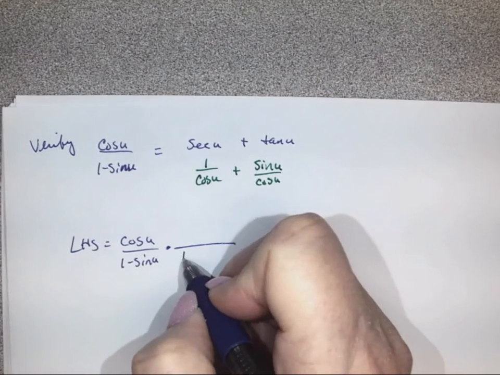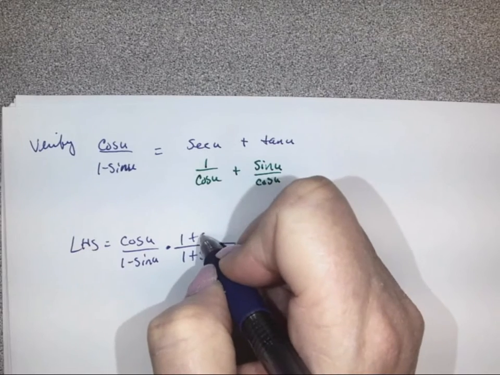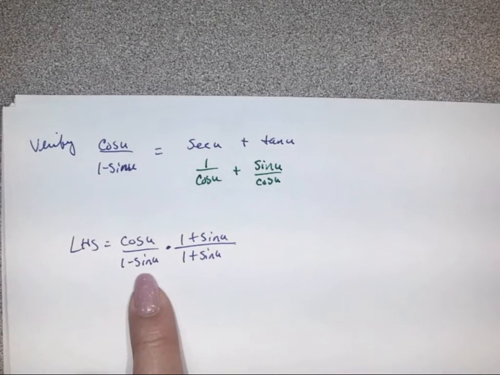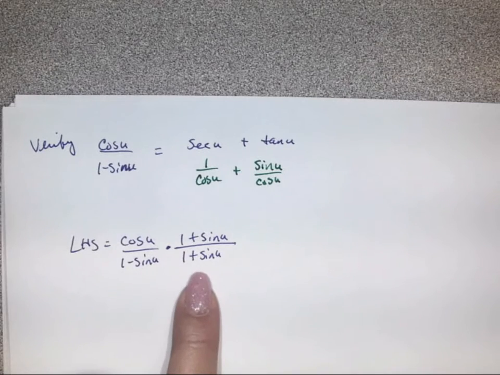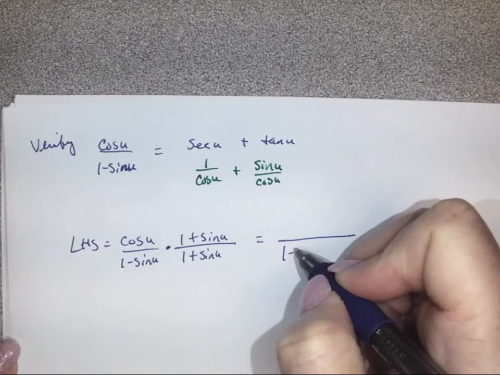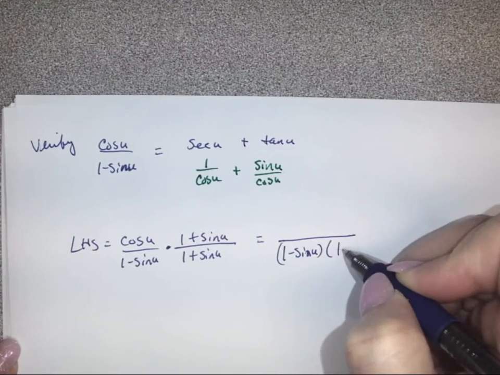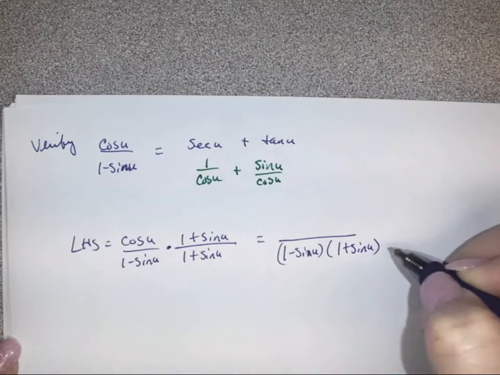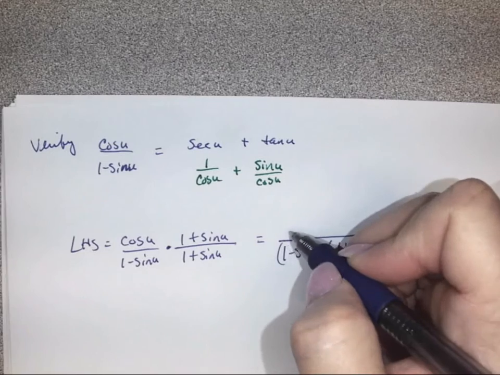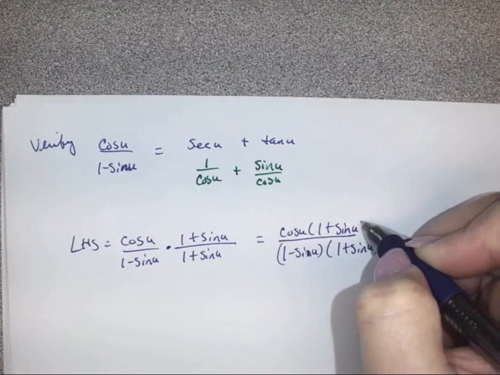So I'm going to multiply by 1 plus sine u, because then my denominator will become 1 minus sine u times 1 plus sine u. All right, so here we'll have 1 minus sine u times 1 plus sine u. And on the top, we have cosine u times 1 plus sine u.